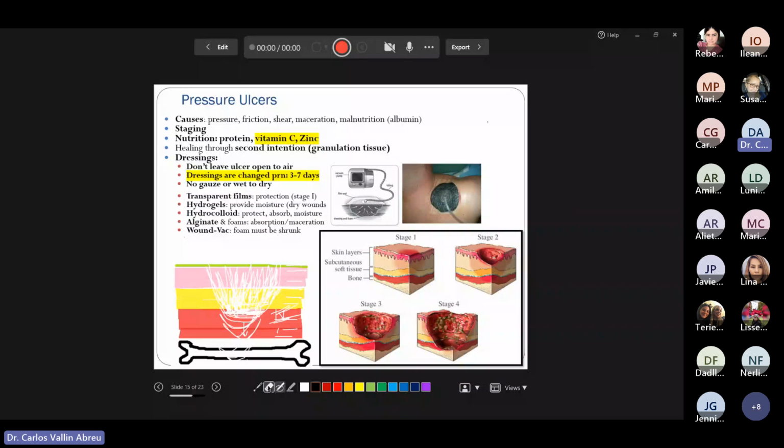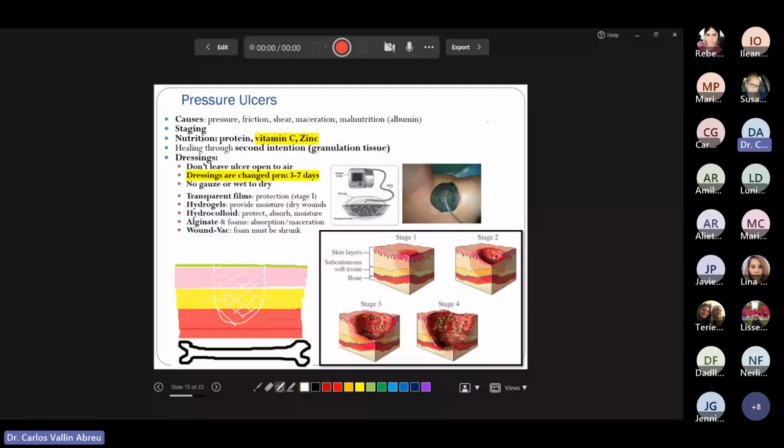And understand that this staging is done first at the moment of admission, as far as you are able to see to which depth the ulcer is reaching.